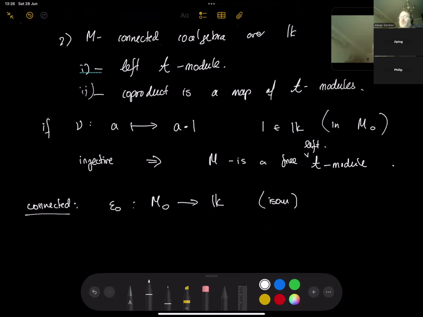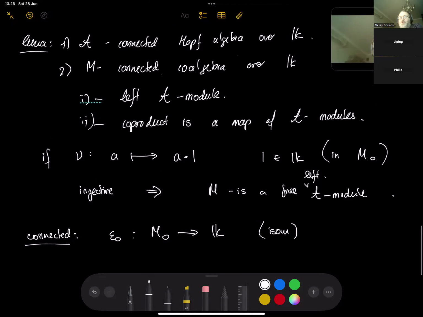So A, what is A? A is an element of the A2 algebra.